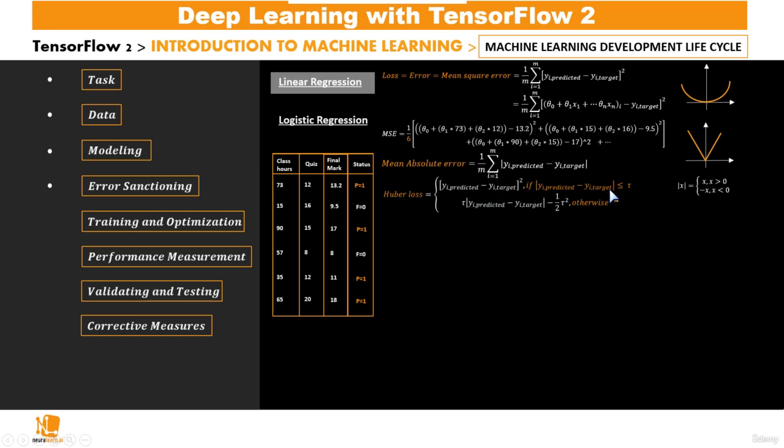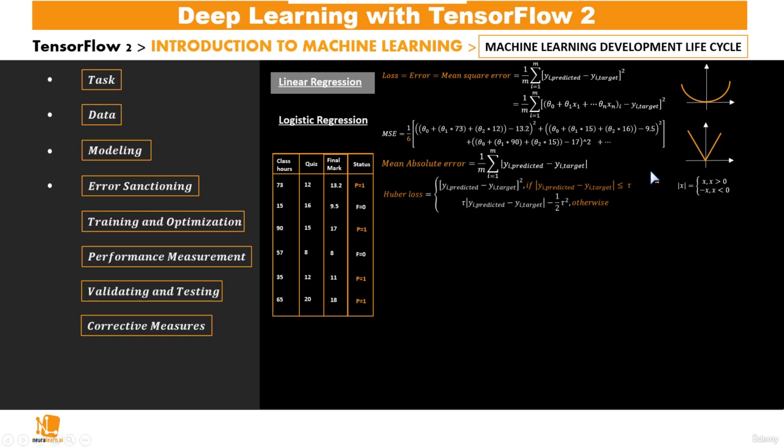But in the case where this is greater than that threshold, that is, we suppose that we're dealing with an outlier, then we're going to use the modified version of the mean absolute error, which happens to be tau times the absolute value of yi predicted minus yi target, minus half of tau squared.